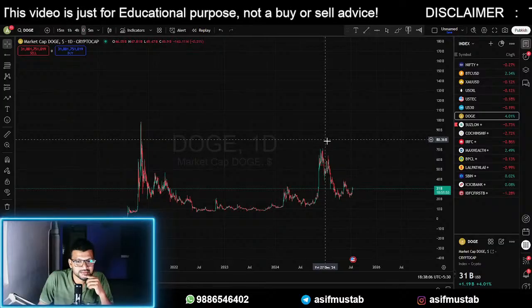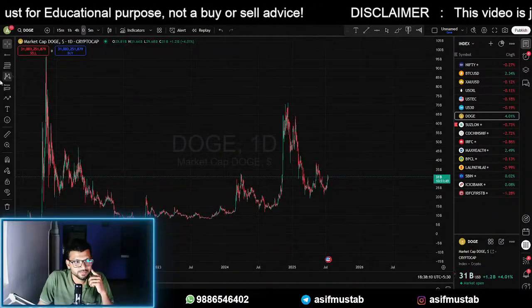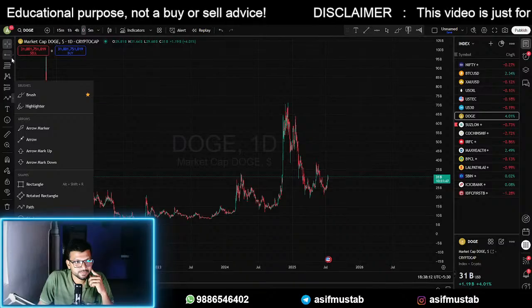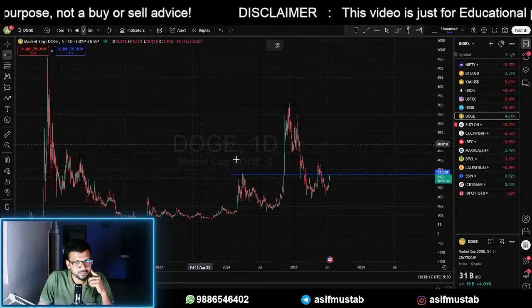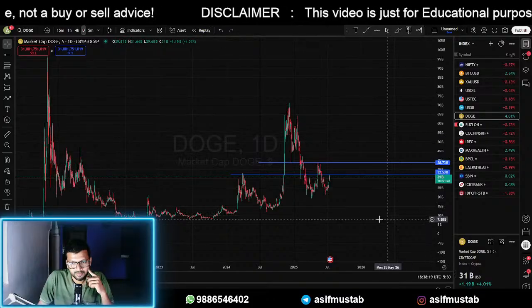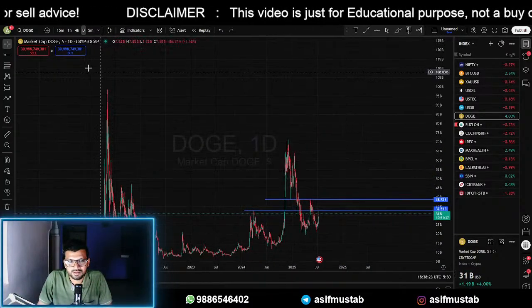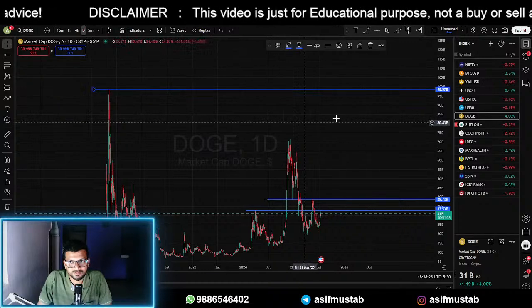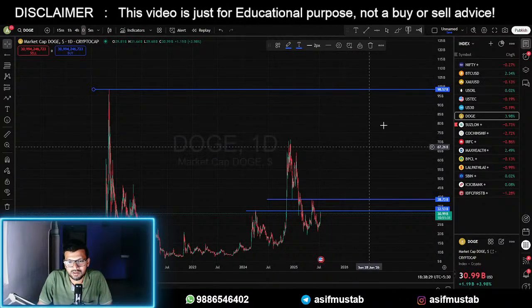Let us see, but it has to break these two resistance levels. Yeah, once this level breaks, we can see the next target would be this. This doesn't matter, it will easily recover and move upside.